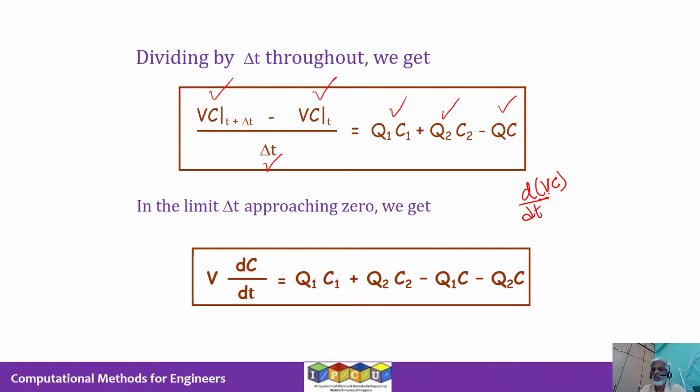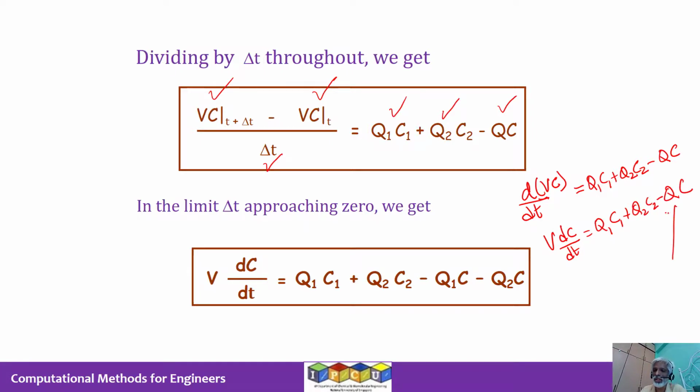The right hand side will still be Q1 C1 plus Q2 C2 minus Q times C. And since V is constant, we can take V out of this derivative. So it is going to become V dC by dt equals Q1 C1 plus Q2 C2 minus QC.